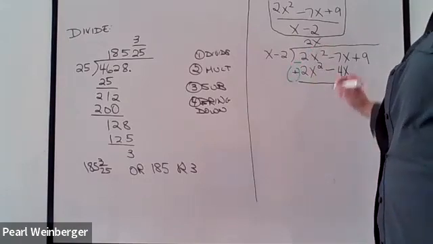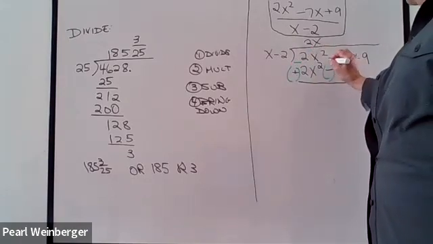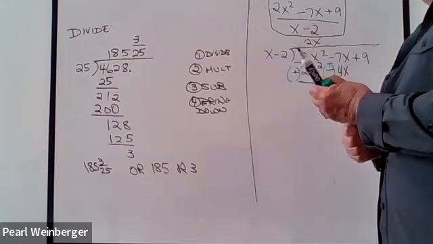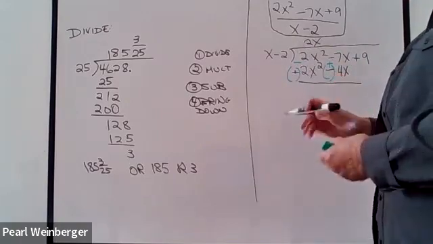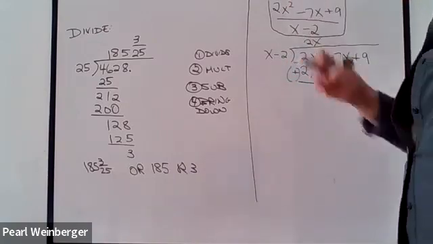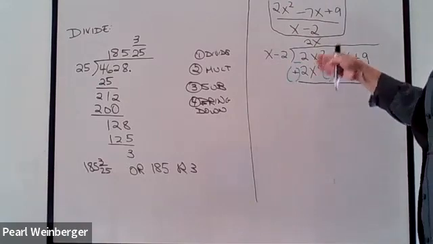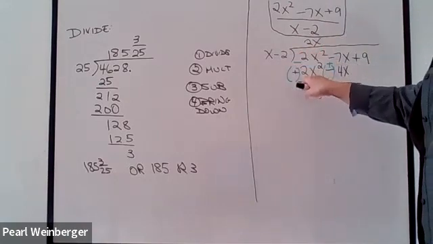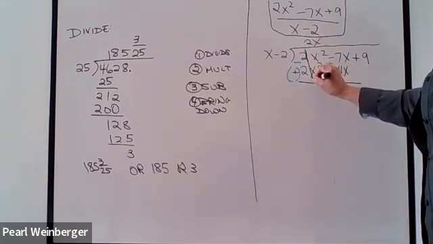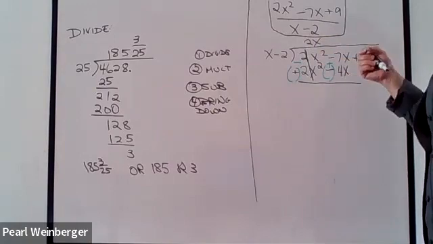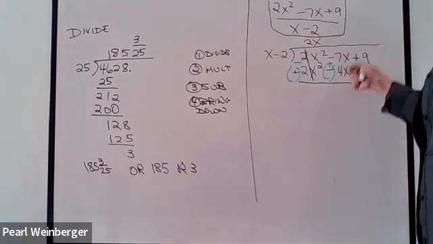So this is going to become a minus, and this one is going to become a plus. I do that because it's very easy to make a mistake. So I'm always going to be changing the signs using that method of subtraction of signed numbers. So first I'll have a 2x squared minus a 2x squared, which will cancel out. And here I'll have a -7x plus a 4x. Remember, what we're subtracting is a -4x.